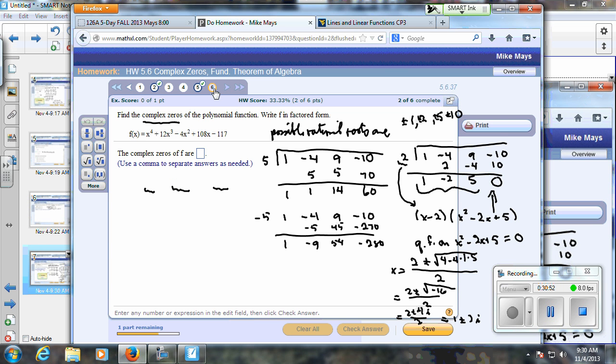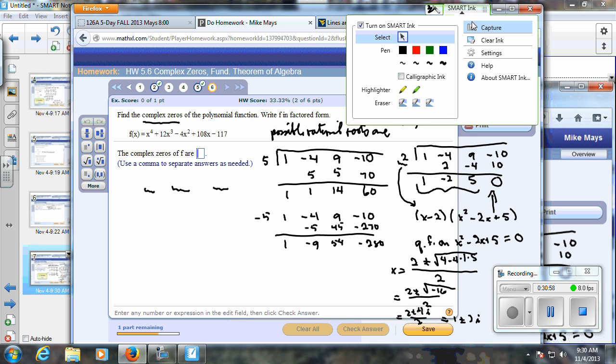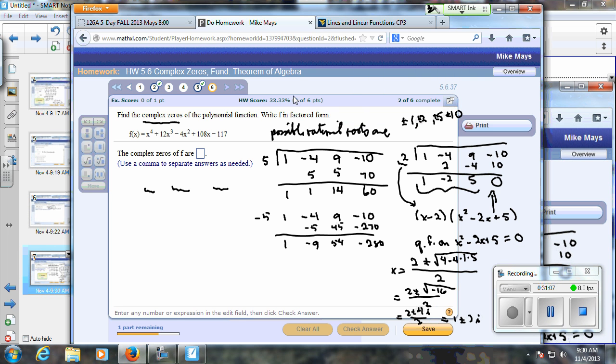Number 6 is... did I capture the ink last time? Can't remember if I did or not.